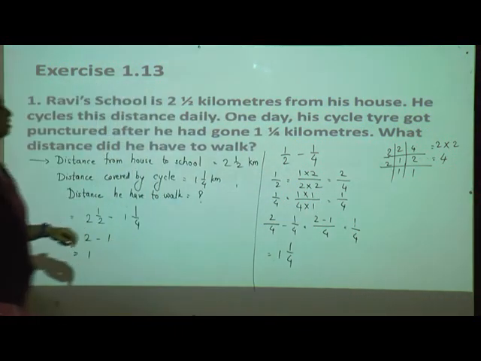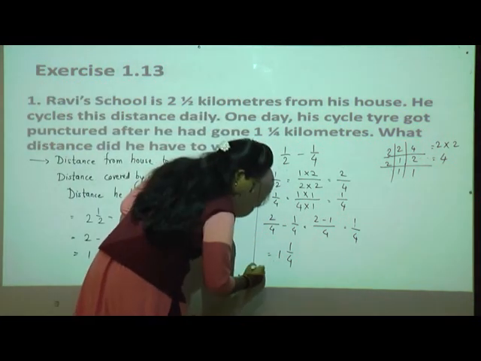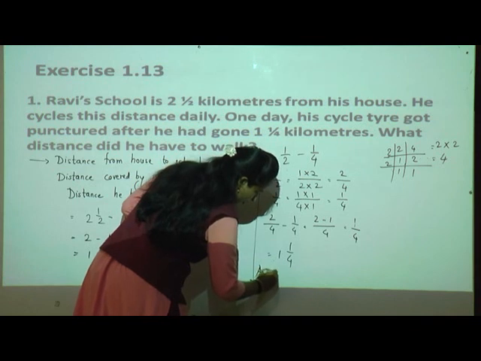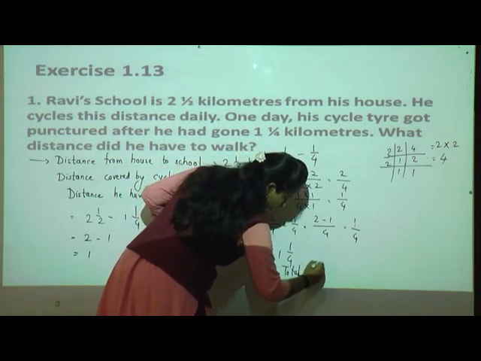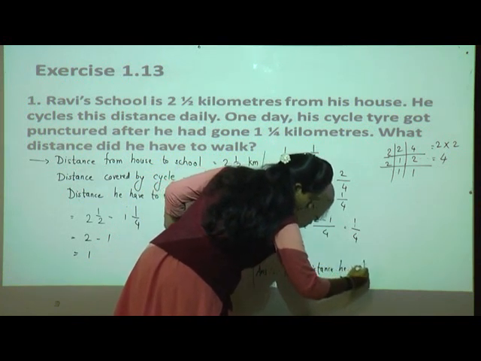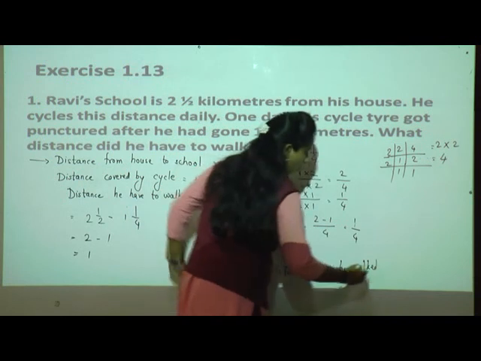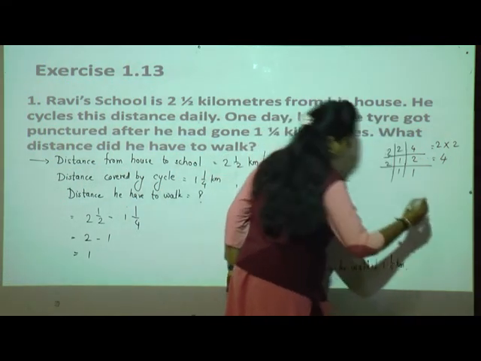How much distance did he have to walk? 1 kilometer and 1/4. So the total distance he walked, you have to write here as the answer, total distance he walked: 1 kilometer 1/4 kilometer.